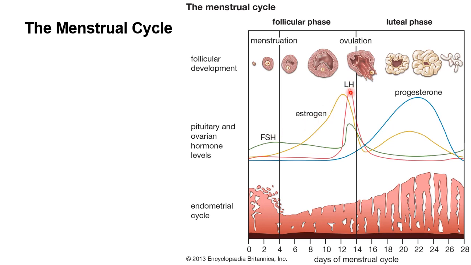However, luteinizing hormone has positive feedback with estrogen. That means estrogen will stimulate the release of luteinizing hormone. Okay, are you ready? Let's combine all of that information together to appreciate the menstrual cycle.